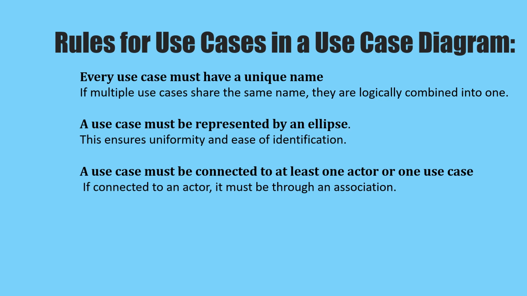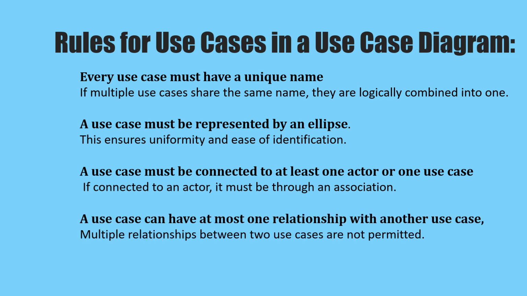If connected to an actor, it must be through an association. If connected to another use case, the connection must be an include or extend relationship. For example, in an e-commerce system, the use case make payment should be connected to the customer actor and the process order use case to depict its interactions.